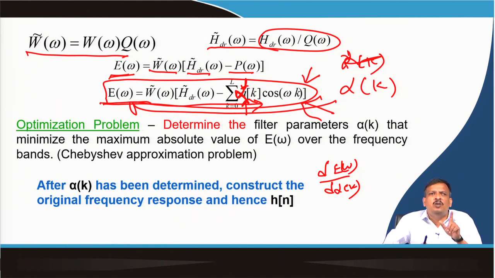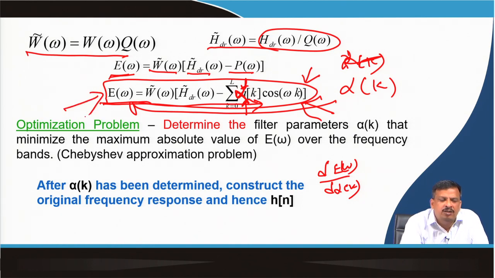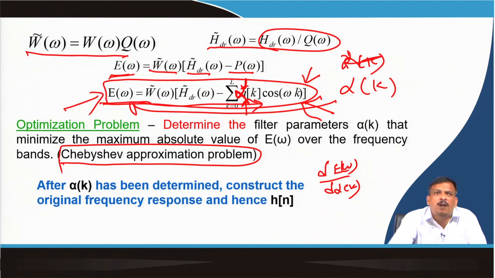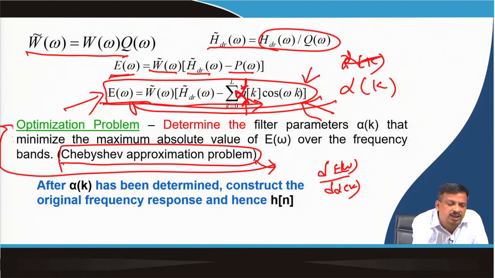So, what is E omega? It is the difference between the desired response and the design response. That is the approximation problem, or I can say optimization problem. I want to optimize the error. That optimization is done using the Chebyshev approximation problem. That is a method by which I do this optimization.